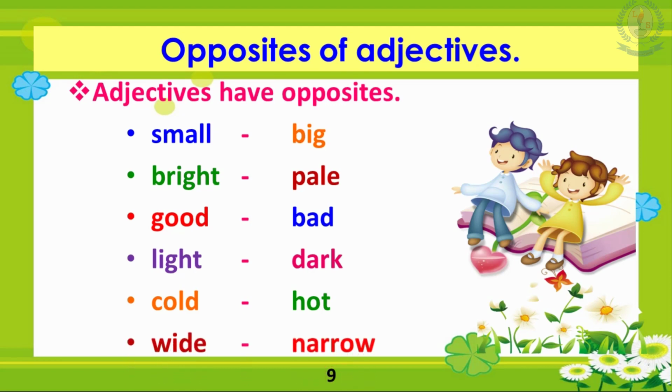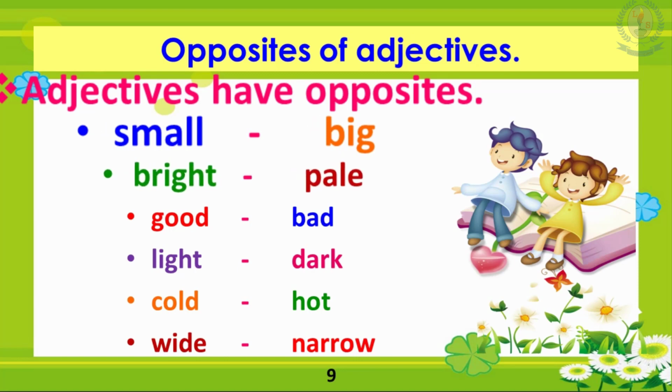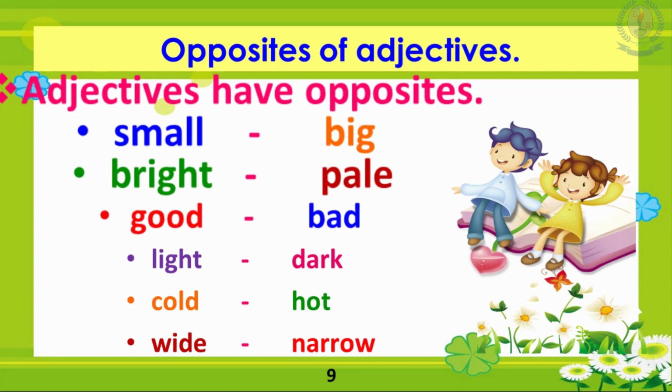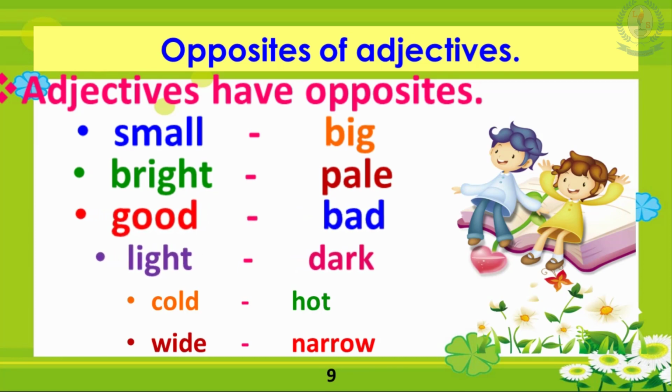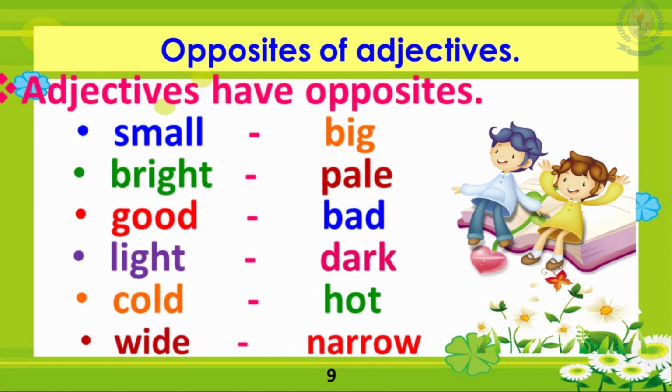And wide, narrow. Let's read again. Small, big. Bright, pale. Good, bad. Light, dark. Cold, hot, and wide, narrow.